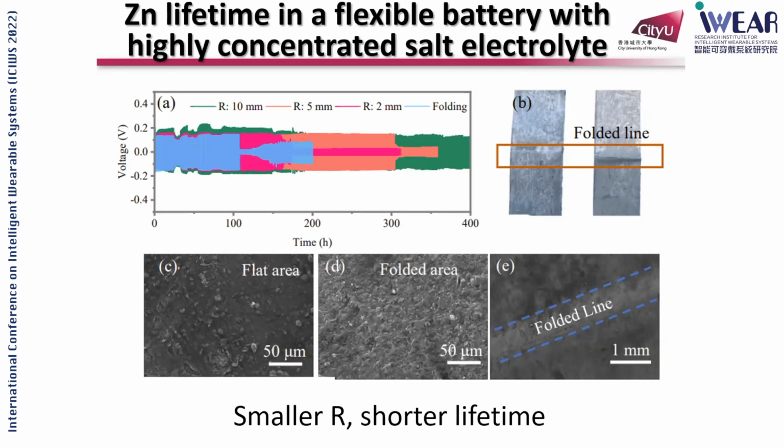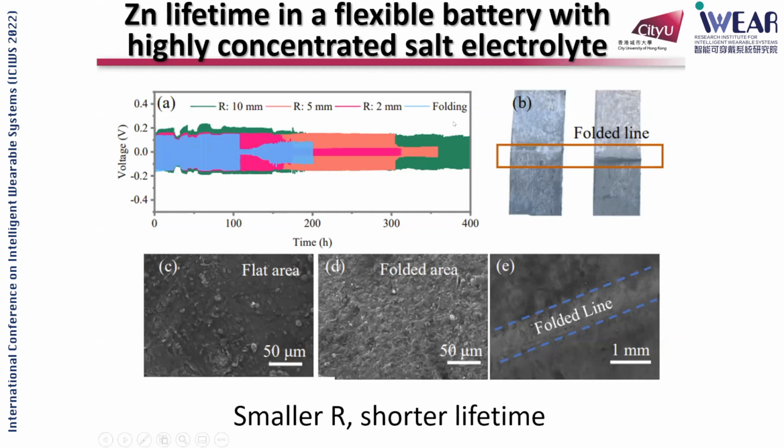Then we use a very powerful electrolyte. It's called highly concentrated salt electrolyte. It was reported, and we also verified, that in this kind of electrolyte, generally there will be no dendrites. But put in the flexible configuration, we still get a lot of dendrites.